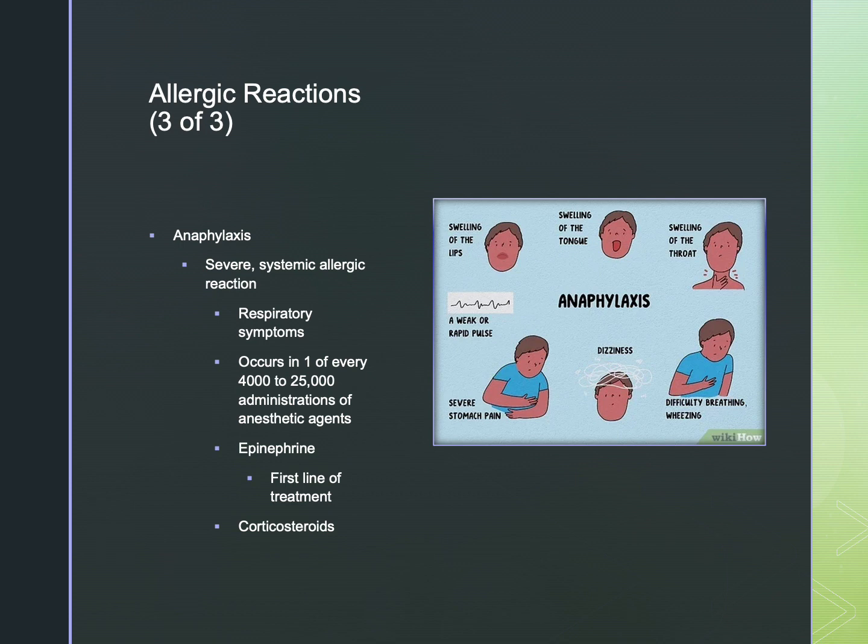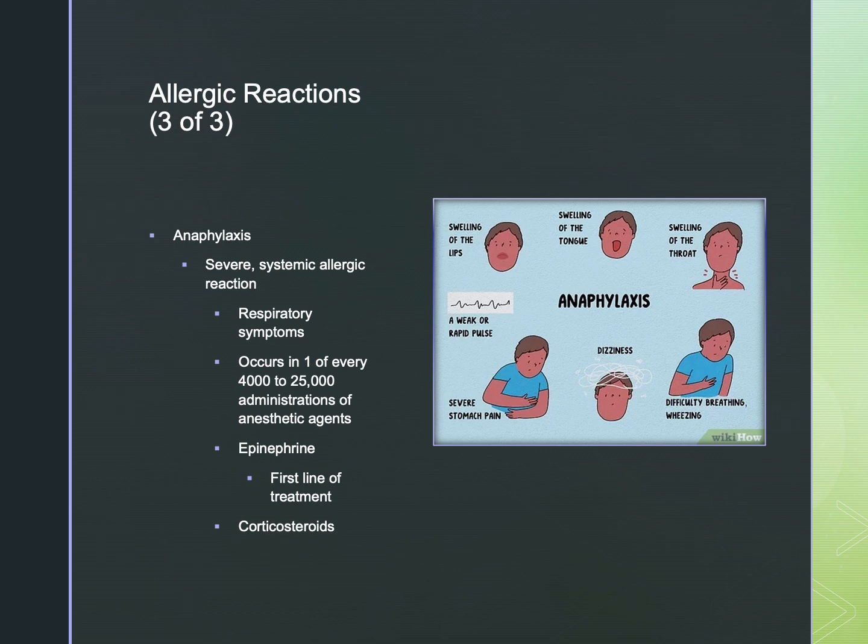If conservative treatment of an allergic reaction is not effective, the allergic reaction may quickly progress to anaphylaxis, and that is the most severe systemic allergic reaction. And this can result in something called anaphylactic shock.